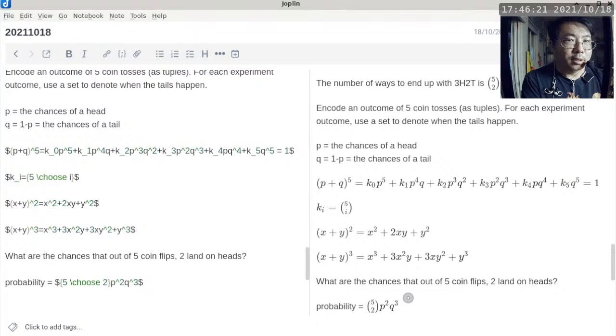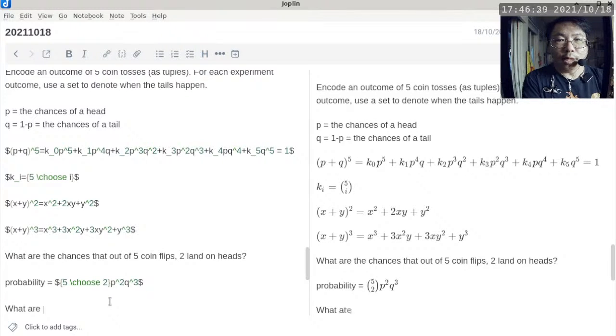Alright, so you look at this, and I know we are quickly running out of time, but we are also going to contrast this, okay? So we are going to say, what are the chances that out of 5 coin flips, 2 land on tails?